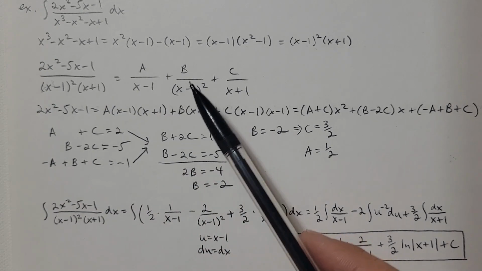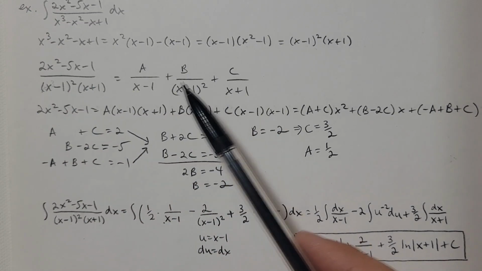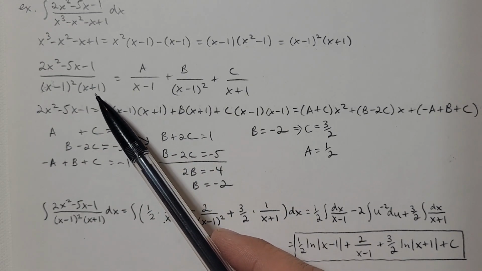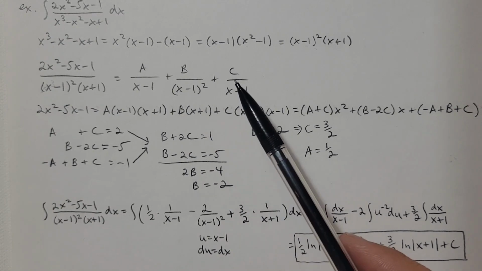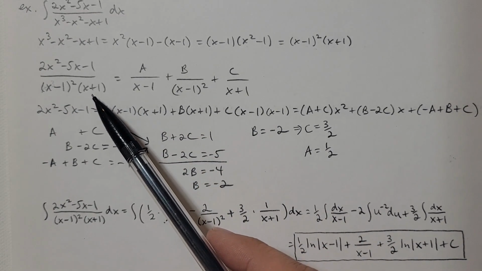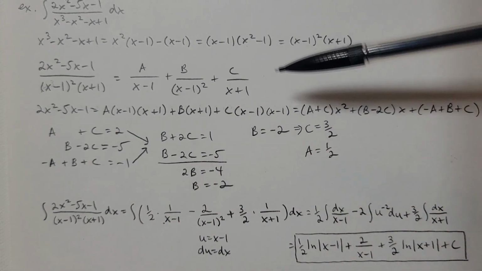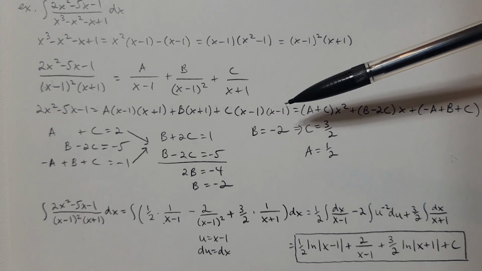Plus B times, the x minus 1 squareds will cancel, so B is being multiplied by x plus 1. Plus C times, the x plus 1 will cancel, and this will be C times x minus 1 squared.